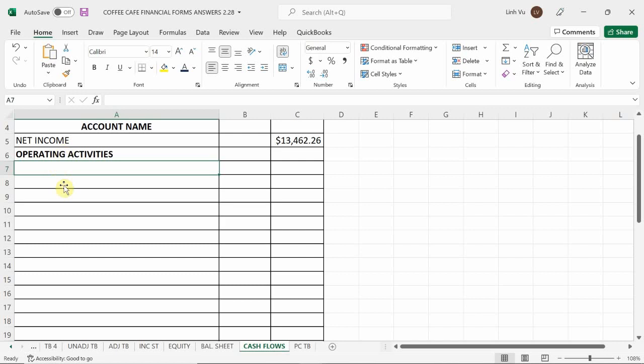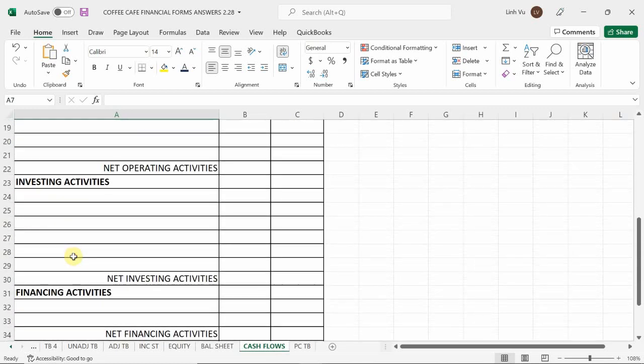Your operating activities are your current assets, your other assets, and your current liabilities, because those are what you had to incur in order to operate your business. Your investing activities are things that you invested into your company, so this is where your fixed assets are going to be placed.